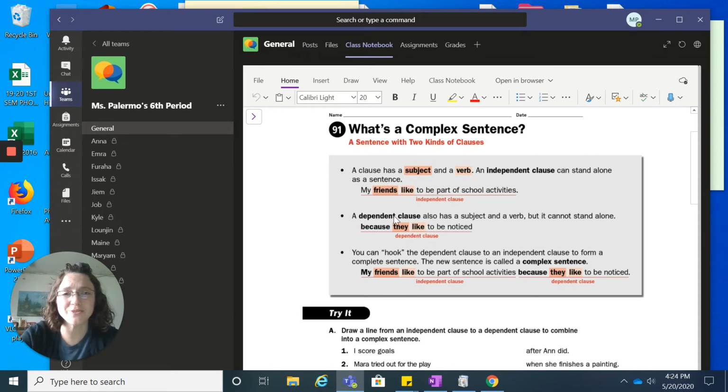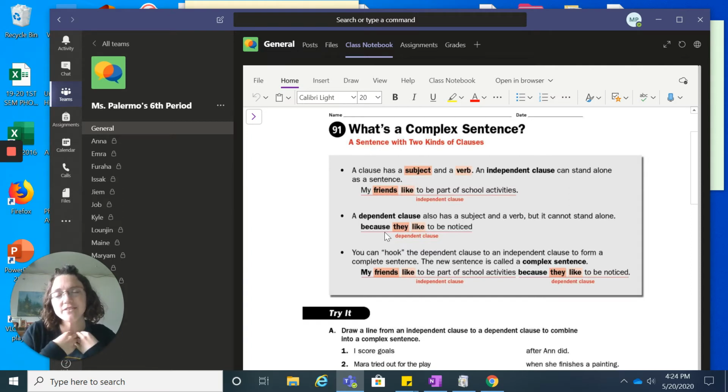Now we're going to go down to dependent clause. Let's say dependent 3 times. Dependent, dependent, dependent. So dependent is the opposite of independent. If you are dependent on your family, you need them, right? And in some ways, we're all still a little bit dependent on the adults in our lives, right?